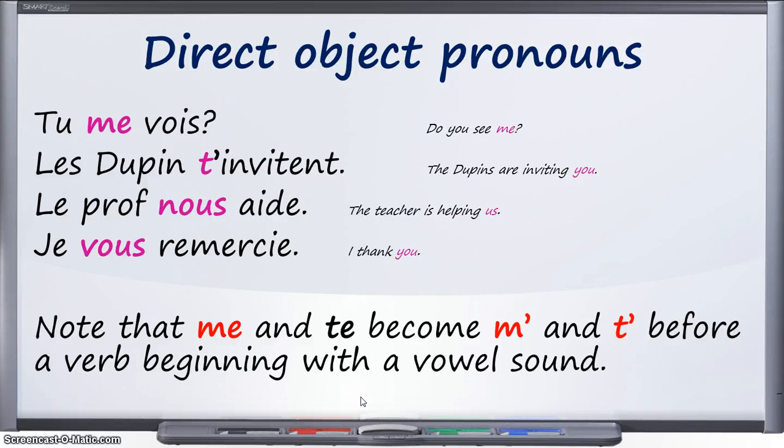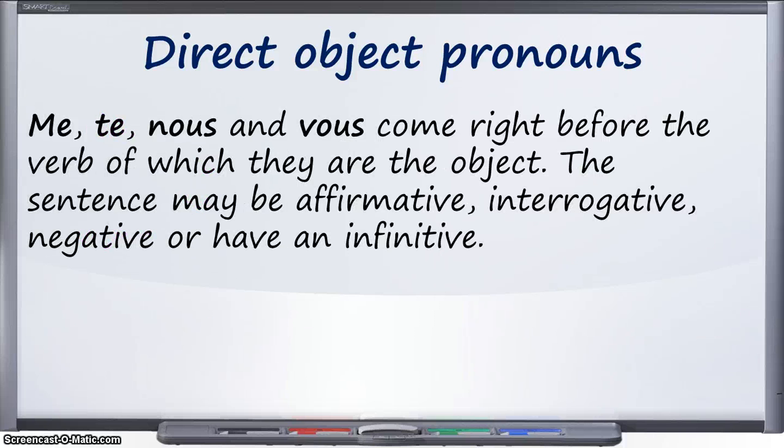It's very important that you really understand that. And something that I also mentioned before is that you really want to understand that the direct object pronoun goes before the verb. It's very important that you understand that.